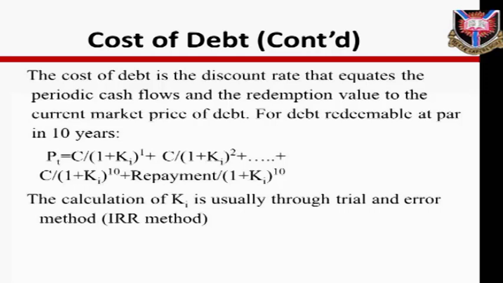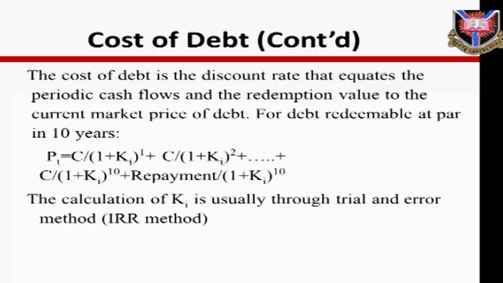When debt is issued at a discount or at a premium, the cost of debt will not be equal to the coupon rate of interest. The appropriate cost can be determined thus: I0 equals C1 over (1 plus K) to power 1, plus C2 over (1 plus K) to power 2, and so on, where I0 equals net cash inflow in year 0, C1, C2, C3 are cash flows in periods 1, 2, 3 and so on, and K equals the before tax cost of debt.